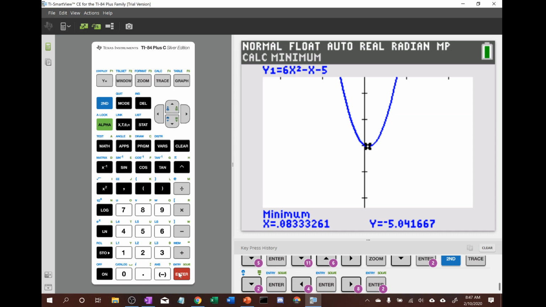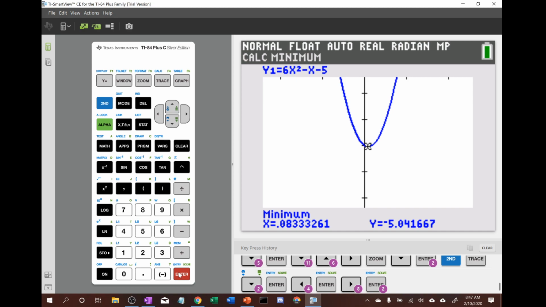Okay, so the domain of this function is all real numbers, but the range of this function is negative 5.04 less than or equal to y, less than or equal to infinity. In other words, just look at the graph.